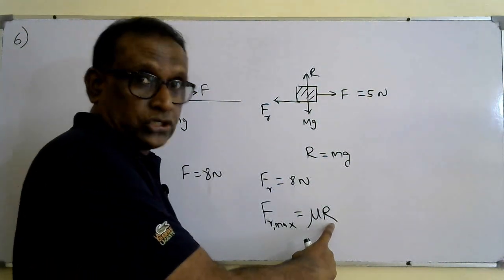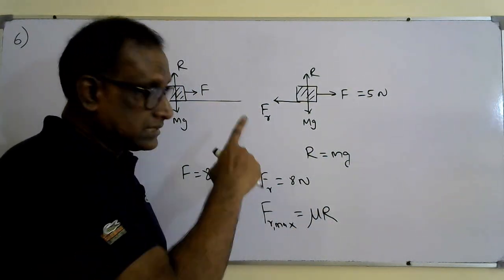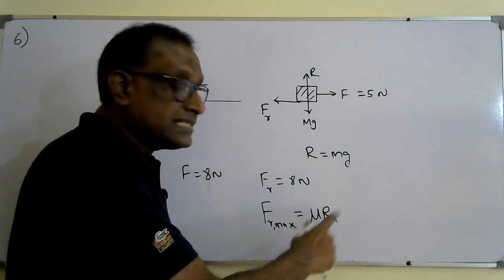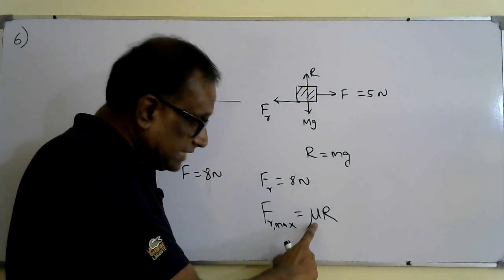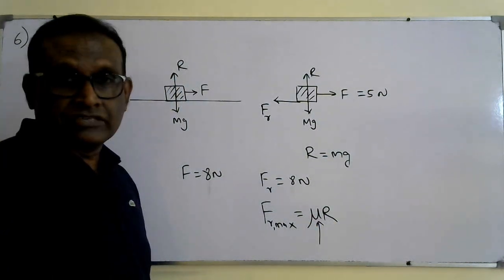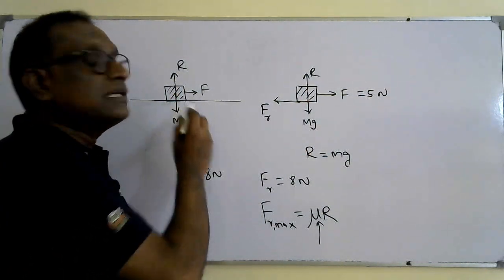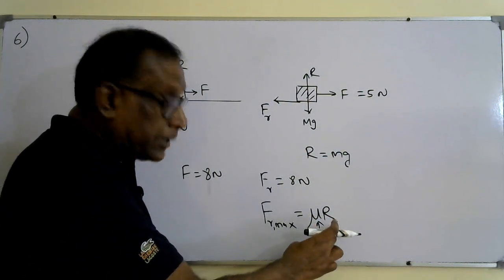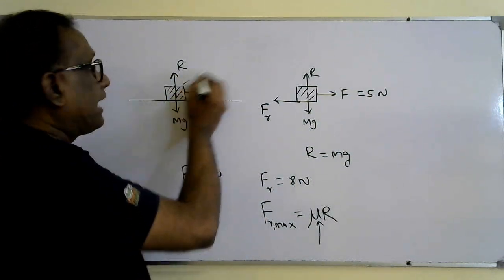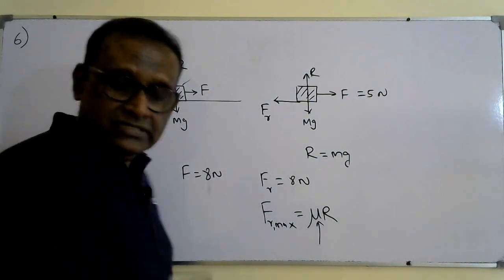R, I already told you, can vary, as I explained earlier in this question. Before starting this question, I explained briefly how R varies. If you vary R, mu will remain constant. It depends on the type of the two contact surfaces. So if you are not changing the contact surface type, mu will remain constant, but R could be varied by applying an external force at an angle, as I explained earlier, or by keeping another object on top of it, or something like that.